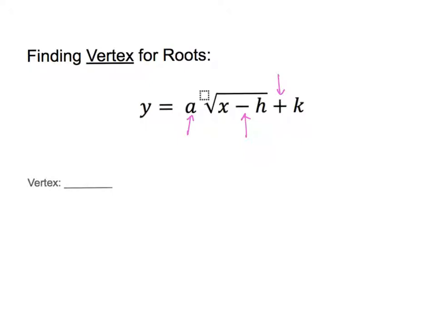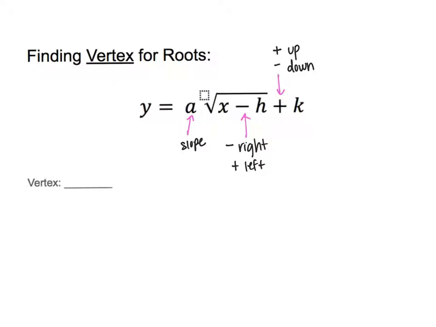Well, a negative on the inside of a root means a right shift, whereas positive means left shift. A positive on the outside of the root means up, whereas negative means down. And this a, which is right in front of this x on the outside, is a constant. And because it's next to this x, it is the slope.